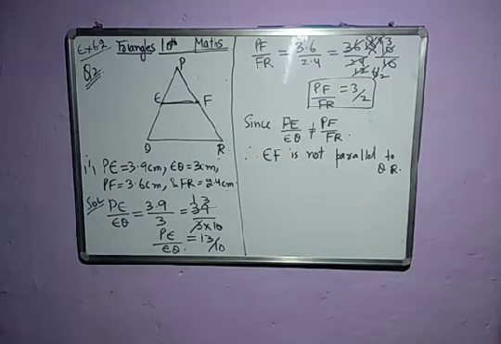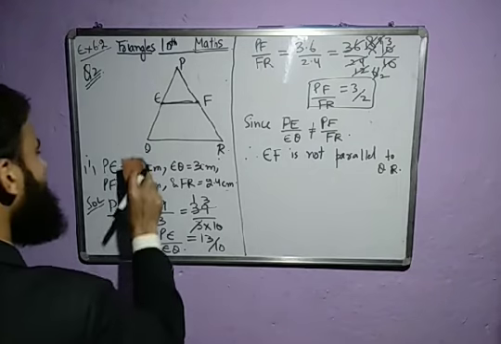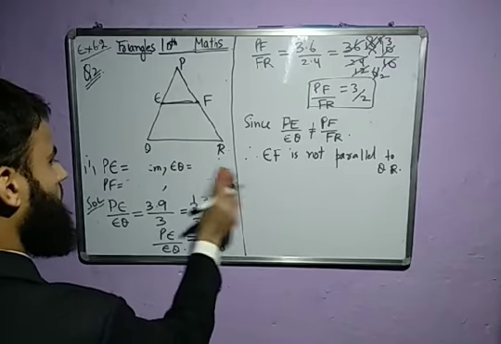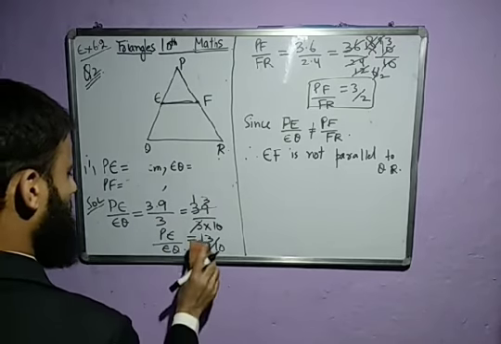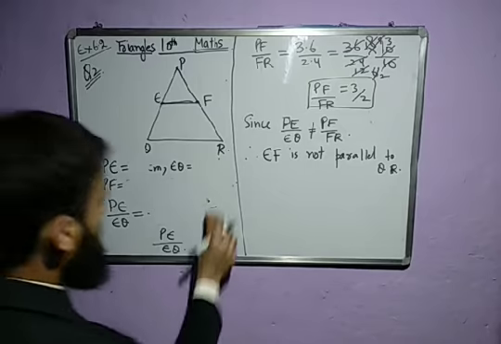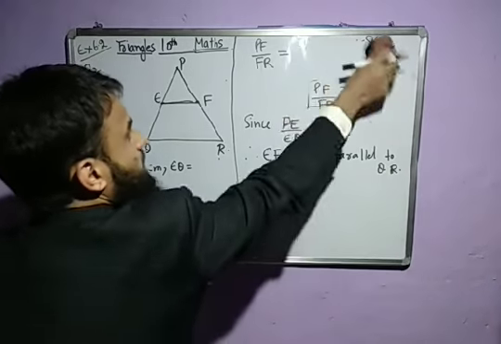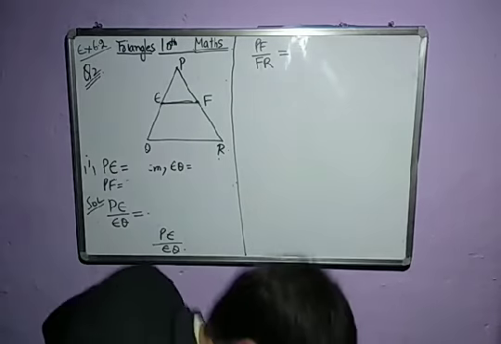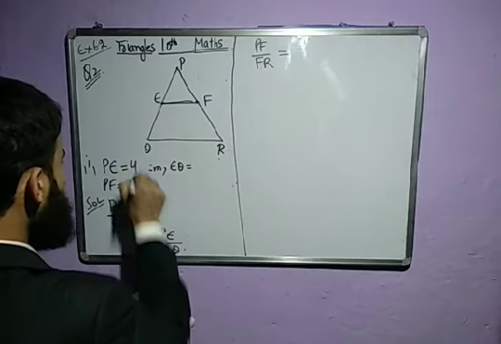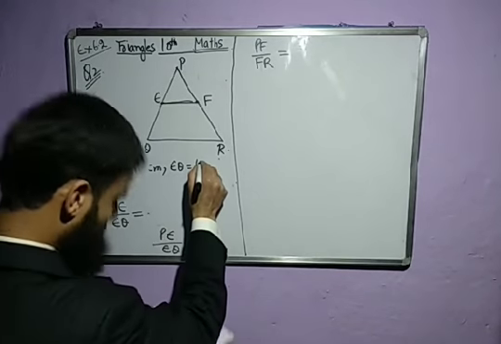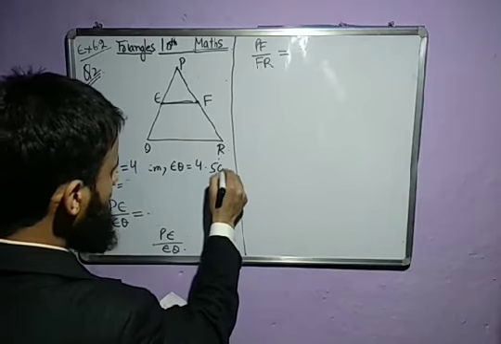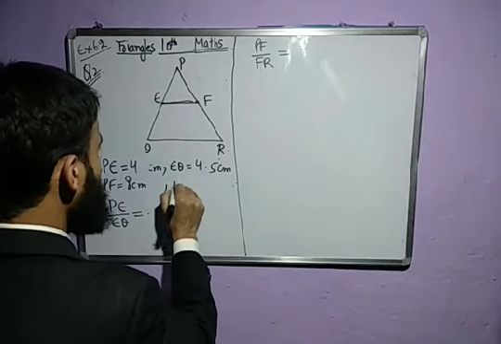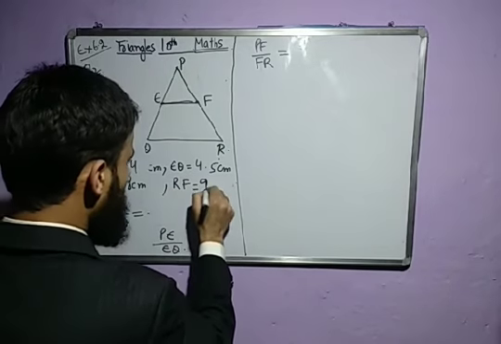Now we have part number 2. Now it is given that PE is equal to 4 centimeter, QE is equal to 4.5 centimeter, and PF is equal to 8 centimeter, and RF is equal to 9 centimeter.